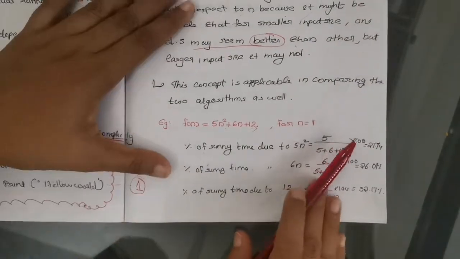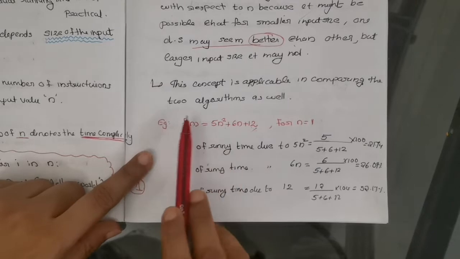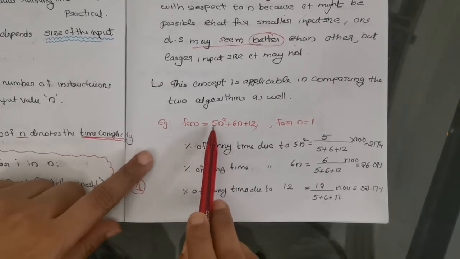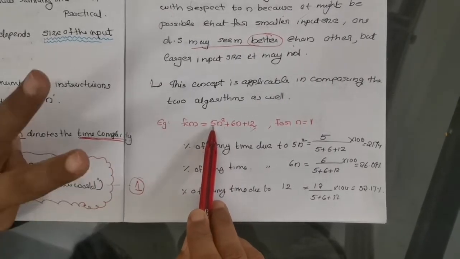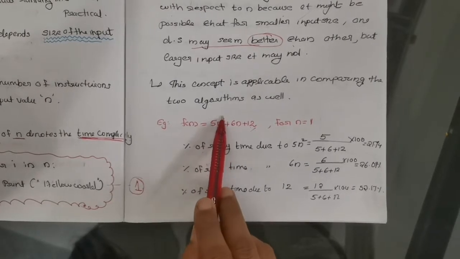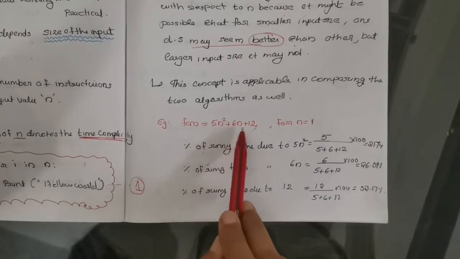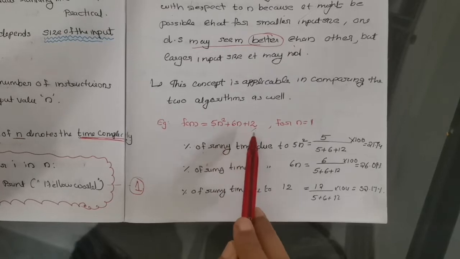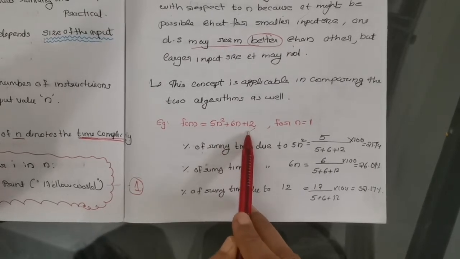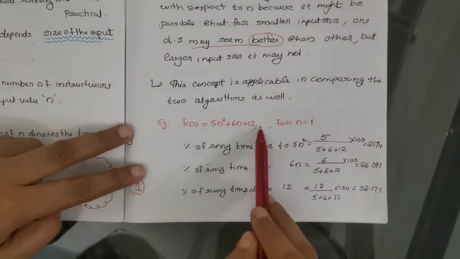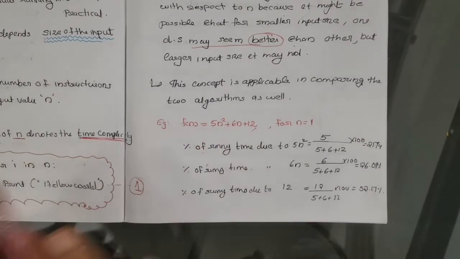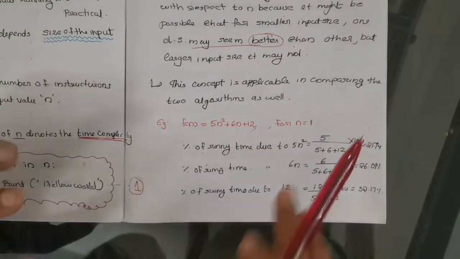You can see I took a program containing two nested for loops, and one for loop plus 12 statements. So this is the total time the entire program will take.